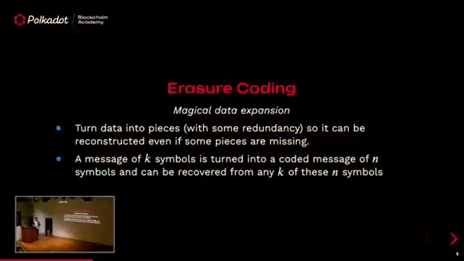However, if you introduce specific assumptions on what percentage of participants in your protocol are dishonest, then you can reduce the amount stored by each participant. For example, if your protocol says 1/3 of people may be malicious, and I want to deal with that, then you can split up your data into enough pieces and distribute it in such a way that each person is storing much less than the original, but we still have enough redundancy to account for that 1/3 being malicious.